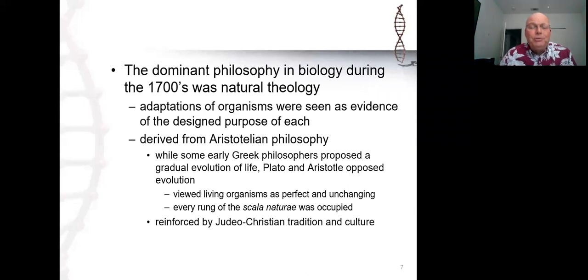And perhaps what had the strongest influence, and you can see the note here, is the notion that Aristotle came up with, that all life forms here on the planet fitted into a ladder, the so-called scala natura, or ladder of life. And that ladder had rungs on it. And each one of those rungs represented an organism, with simple organisms at the bottom of the ladder, more complicated organisms on rungs higher up the ladder.